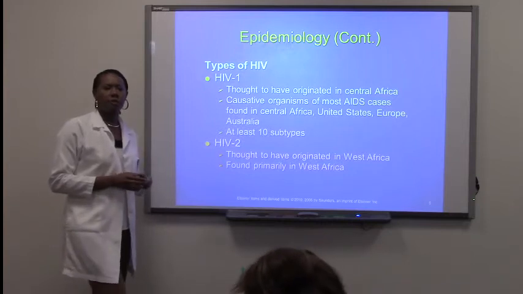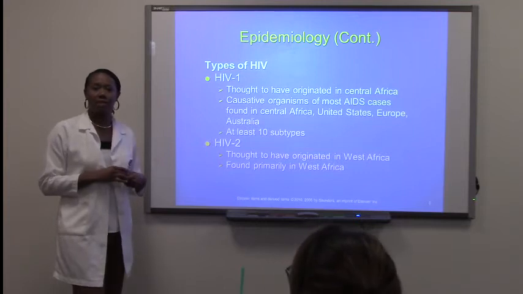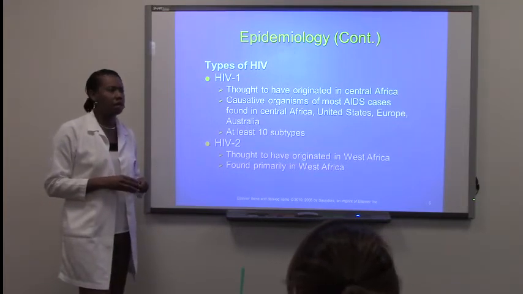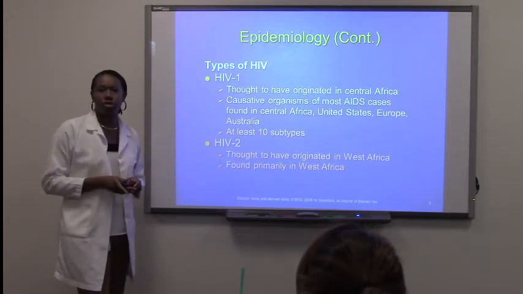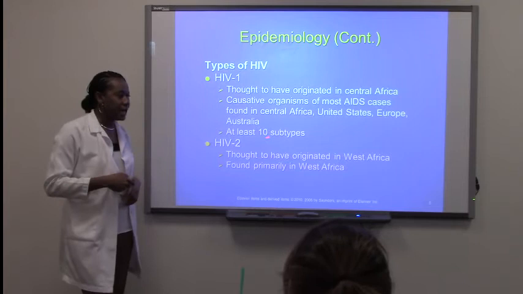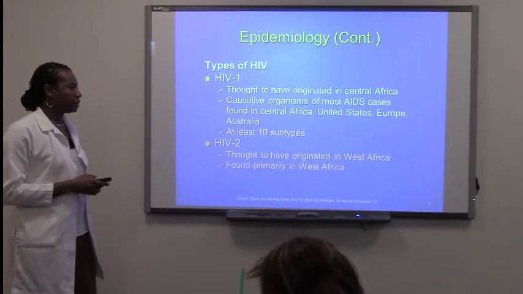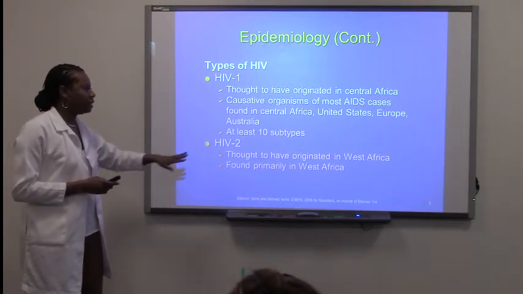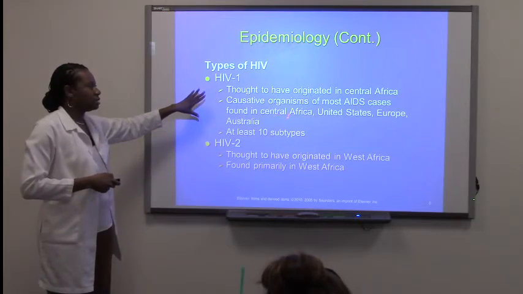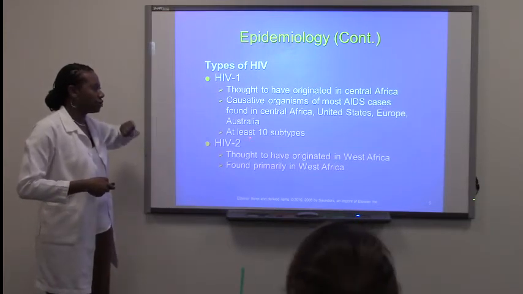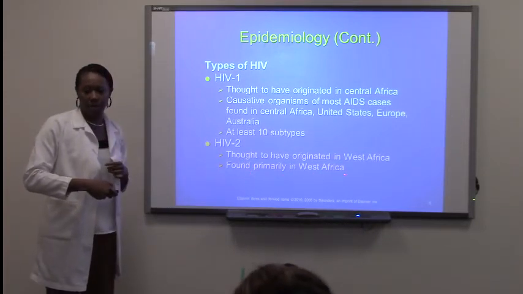I remember reading something a couple of years ago that they were trying to come up with a vaccine for HIV. It's going to be quite hard because it has 10 different subtypes, and as you know, viruses tend to have different types. HIV-1 is prevalent in Central Africa, the U.S., Europe, and Australia, whereas HIV-2 is more common in West Africa.